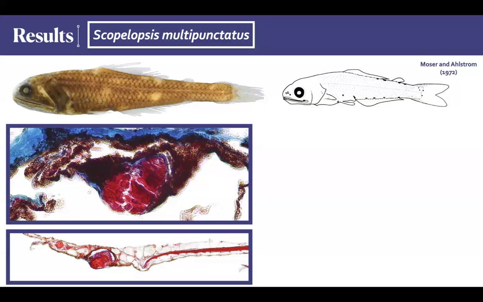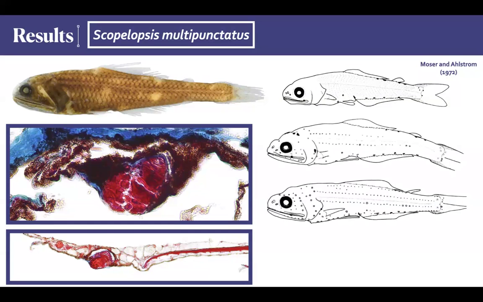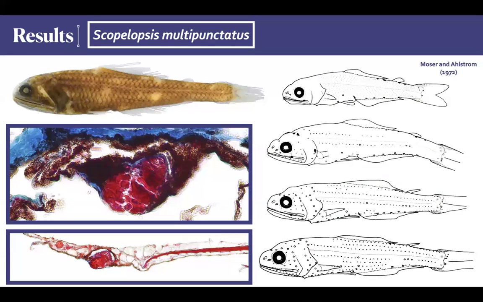But as it gets older and grows larger, it starts to gain additional tiny little photophores along every single scale pocket on its body. And those initial photophores cease to grow, they cease to get bigger. By the time it reaches juvenile and into adult stage, it's really hard to discern the differences between the two.